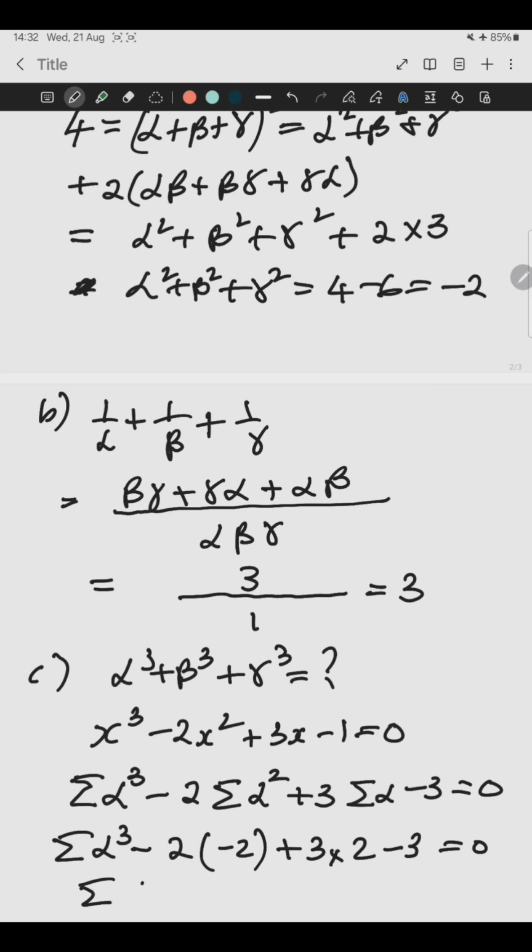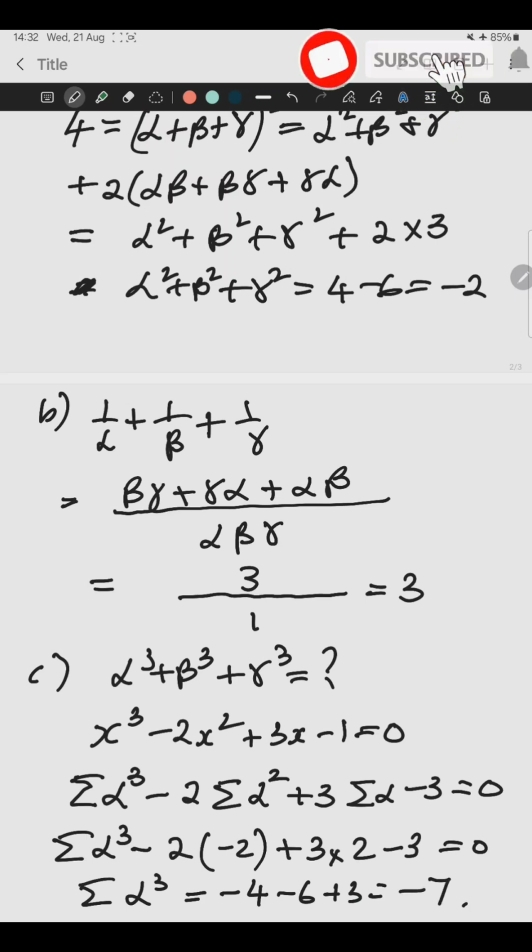So assume getting to our answer, minus 2 times minus 2 is plus 4. You take that to the other side, that's minus 4. 3 times 2 is plus 6. Take to the other side is minus 6. Minus 3 take to the other side is plus 3, so that comes to minus 7, and that completes the question.